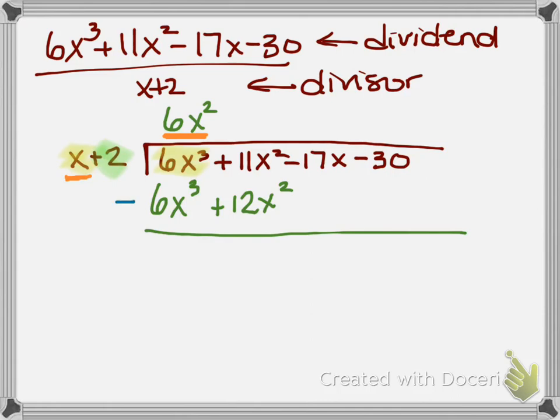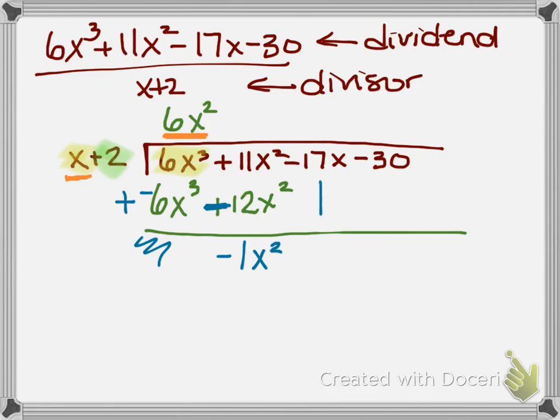Remember, when we subtract, we change the signs. 6x to the third becomes negative, and positive 12x squared becomes negative 12x squared. So 6x to the third minus 6x to the third cancels. That's exactly what we needed, so there's nothing here. 11x squared minus 12x squared is negative 1x squared.